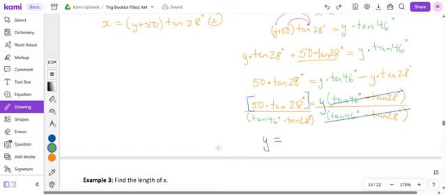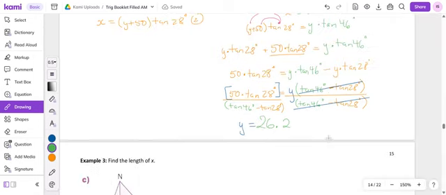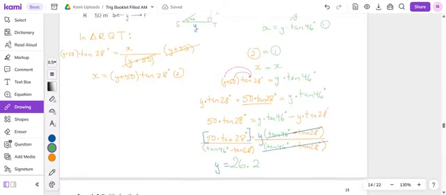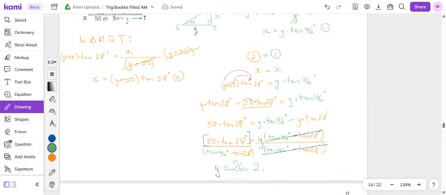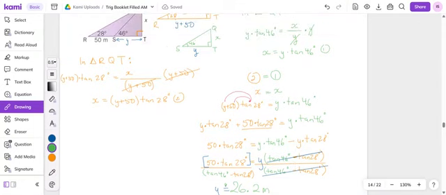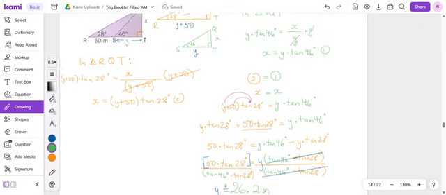Okay, I get a number. 26.154, so I'm going to round it to 26.2. Let's see. I'm just saying what I got. And I'm going to put approximate, and then I'm going to say, does that make sense? For y.